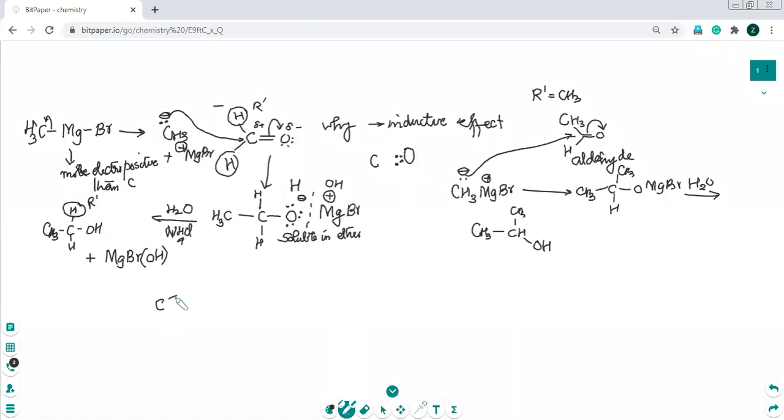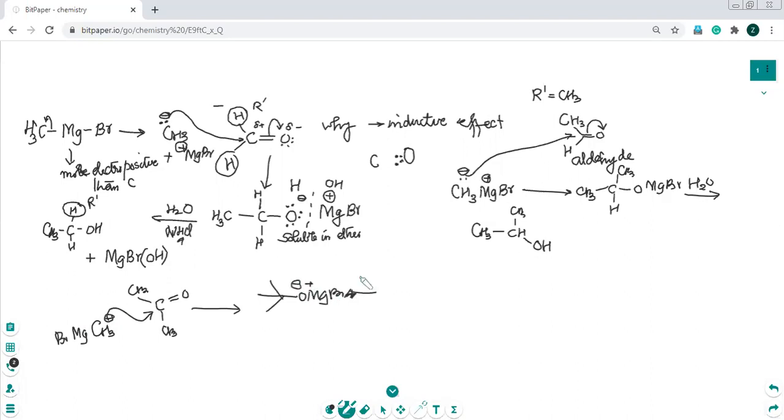Suppose you start with a ketone and CH3 minus MgBr plus. Now we get OMgBr, O minus MgBr plus.